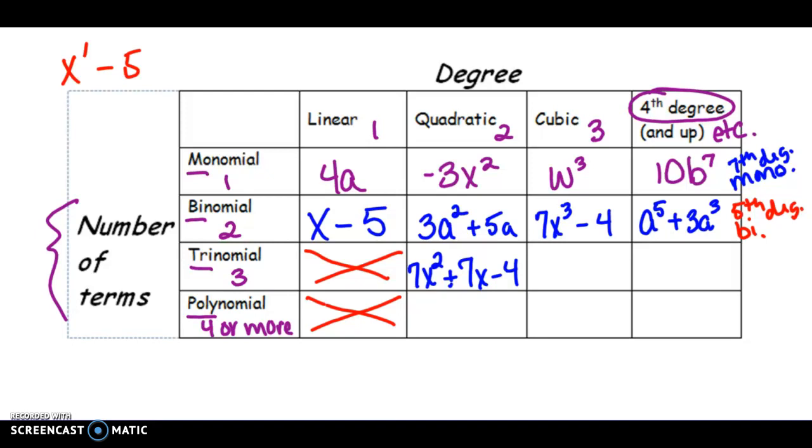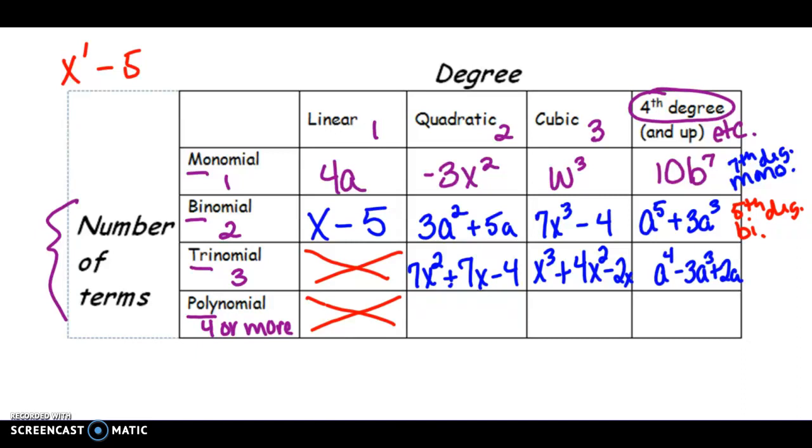Cubic trinomial: x to the third plus 4x squared minus 2x. 4th degree or up. Let's say a to the 4th minus 3a to the 3rd plus 2a. 3 terms in all of those for trinomial, different degrees.